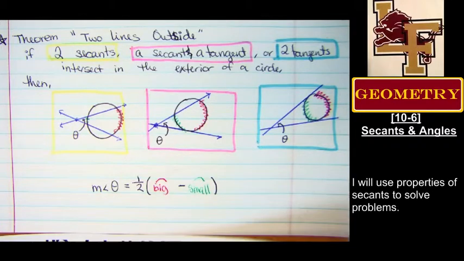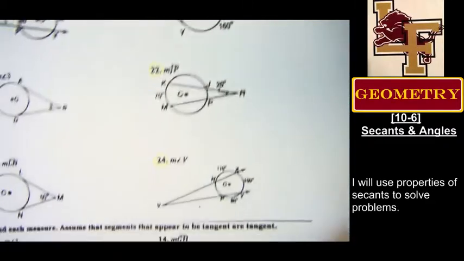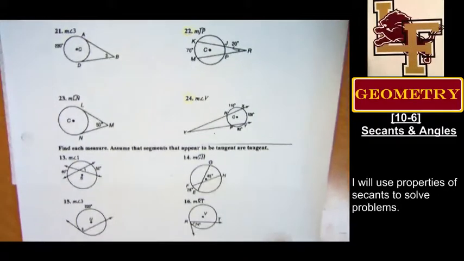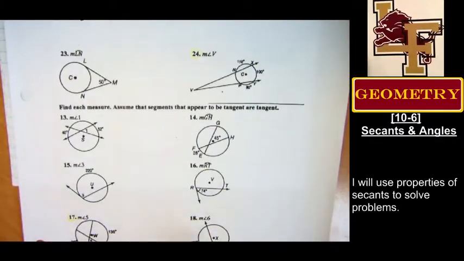We're going to do examples out of 10-6. I think I'd love to do 22 and 24, and then probably 17. I think with those three examples, you should be able to get the rest of the page.